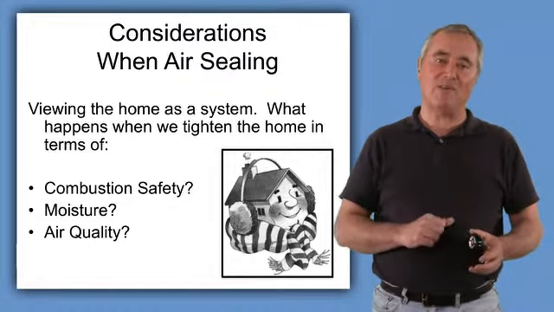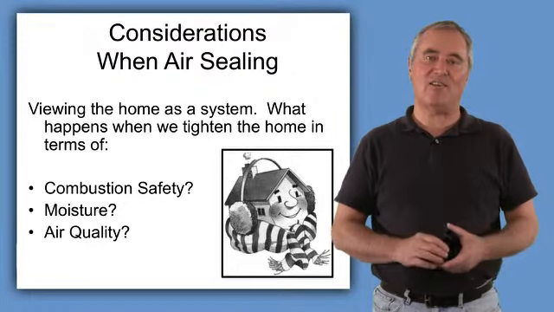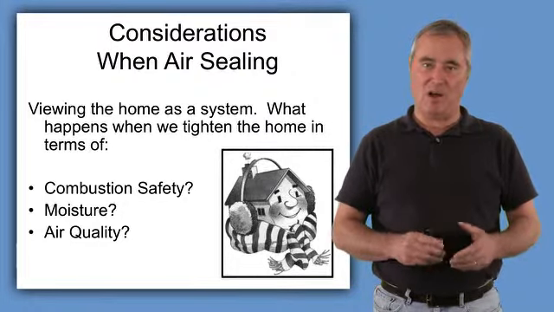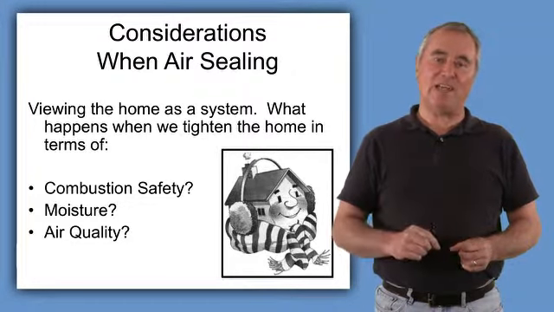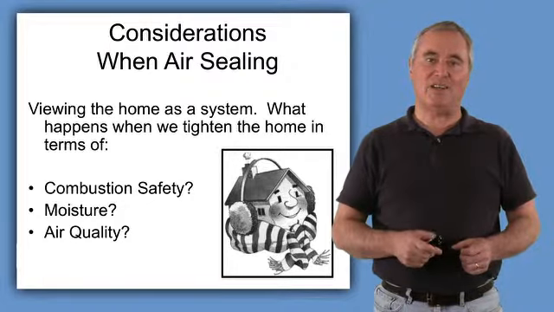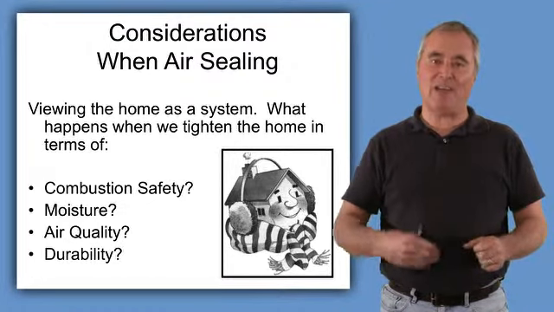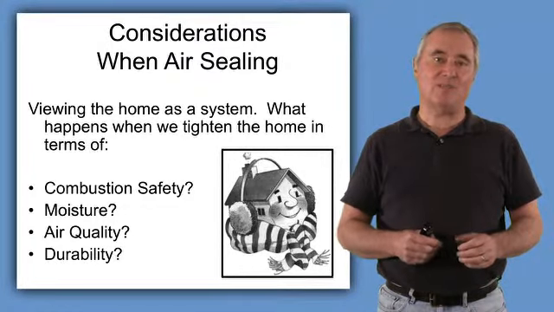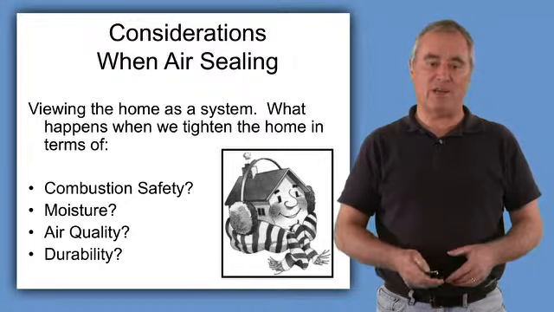We often rely on air leakage to help us ventilate the air in our house to keep our indoor air better. And as we air seal and reduce that leakage, we have to pay attention to indoor air quality. So as we pursue air sealing, we have to keep in mind the whole house as a system concept and making sure we don't do damage in other areas.